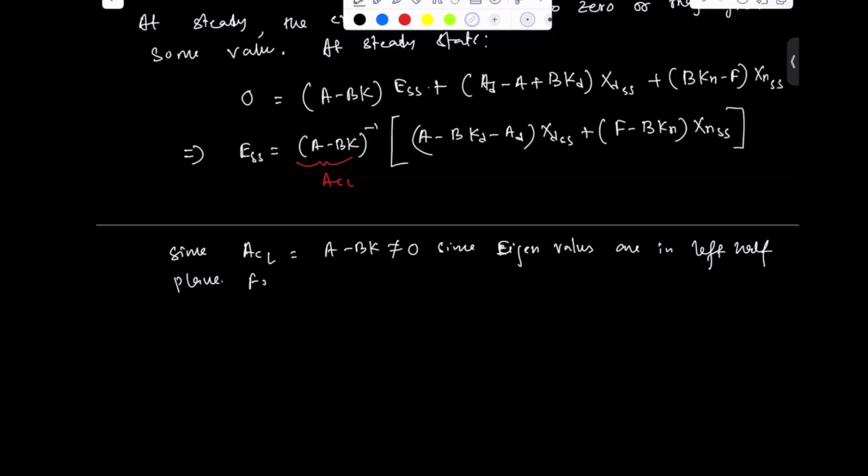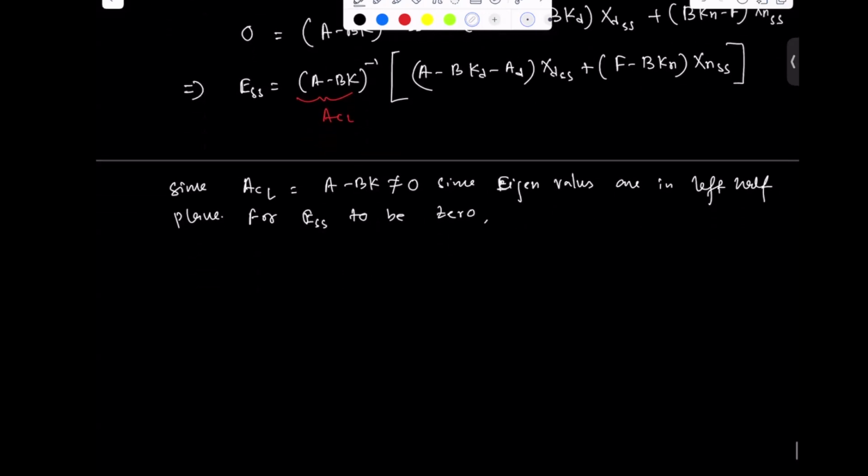Now for e_ss to be zero, the only conditions are A minus B K_d minus A_d equal to zero and F minus B K_n equal to zero.